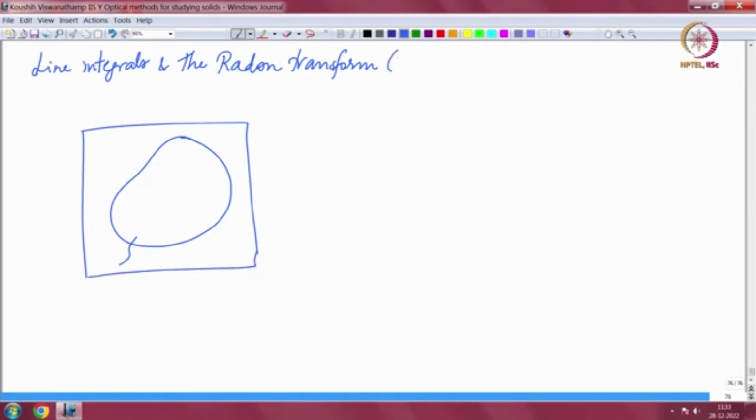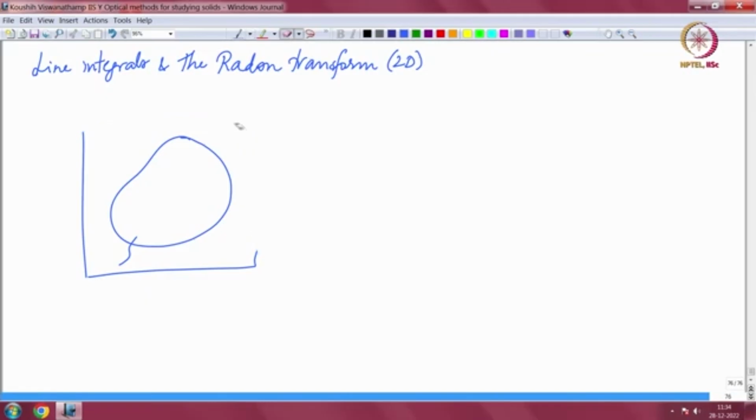We are talking only about 2D for now, 3D case will come later. So, this is our bounds and the actual object is here. There is some variation in f or mu, and mu of xy is non-zero inside this shape and it is 0 everywhere else. So, we want to be able to reconstruct this shape from a series of projections.